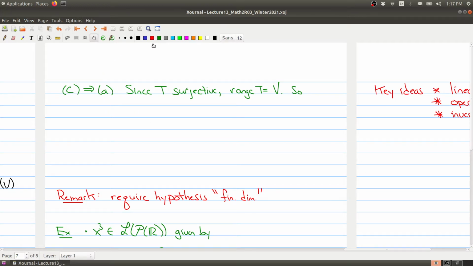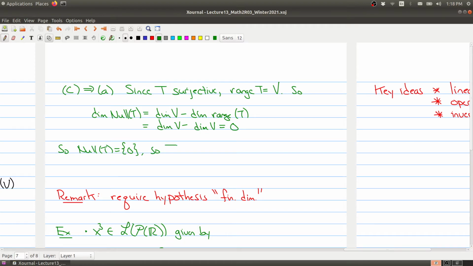The dimension of the null space of T is equal to the dimension of V minus the dimension of the range of T, but range T is equal to V, so this is the dimension of V minus the dimension of V, which is 0. So the null space of T has to be only the 0 element, so T is injective.